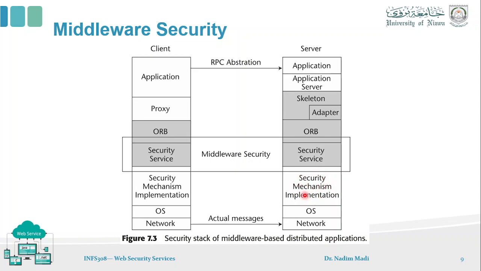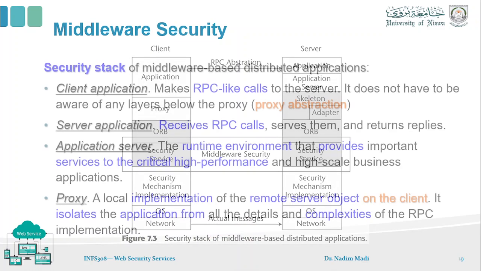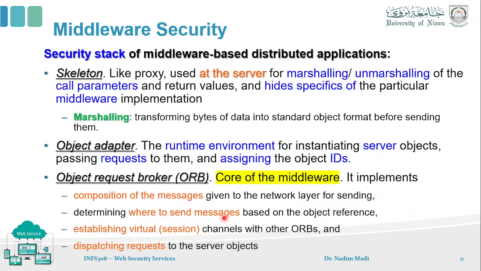As you can see here, the mechanism of implementation, how to link this implementation to the operating system drivers, and then from the drivers of the operating system all the way down to the physical network, where the actual message is moved through the wire or wireless, depending on the medium of the communication.